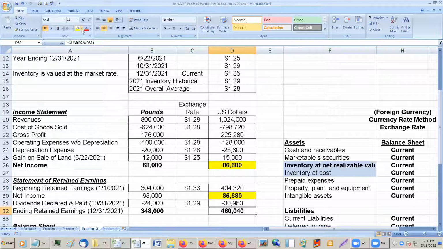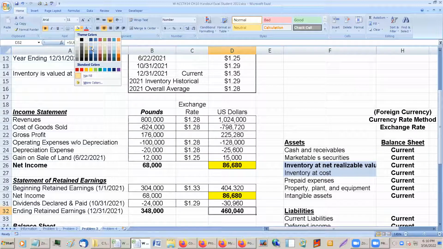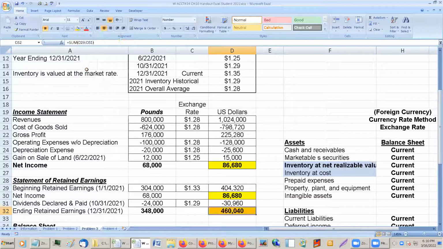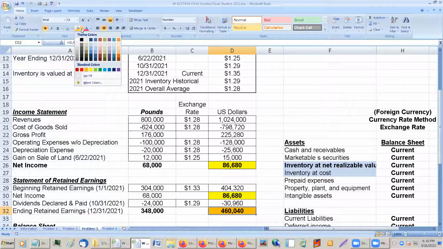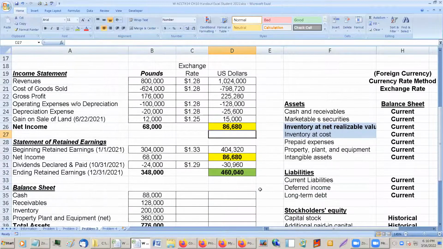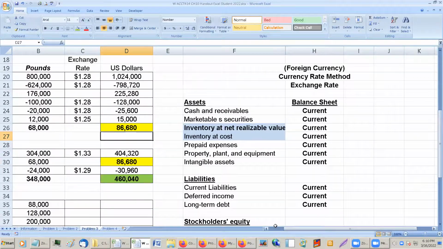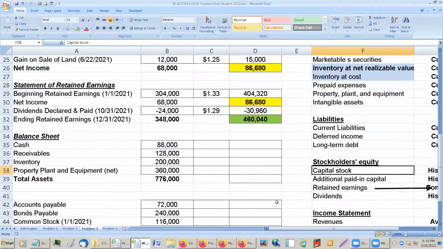Okay, let's try a different color. You get ending retained earnings of 460.40.